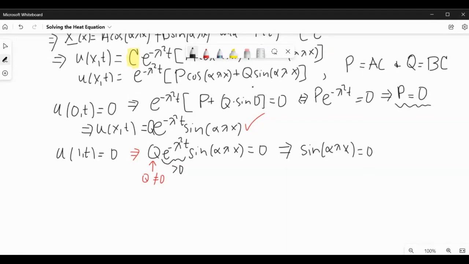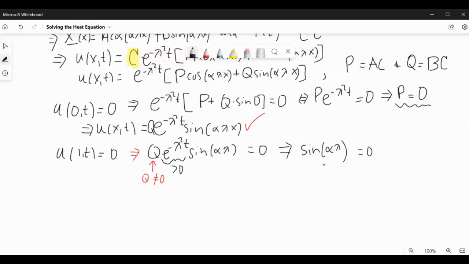Oh, by the way, let me do a little bit of correction here because we are supposed to have substituted x equals 1, so we should only have sine of alpha times lambda. Okay, so let's try to correct this.